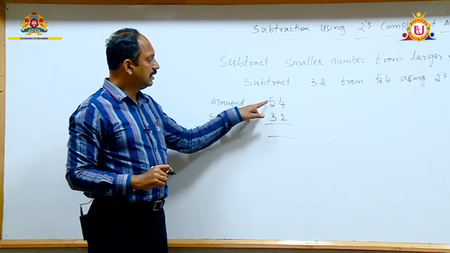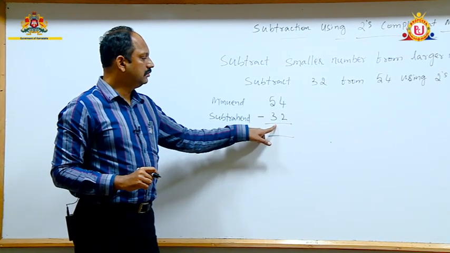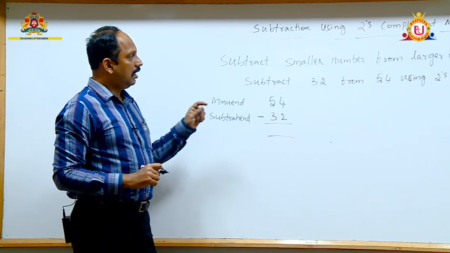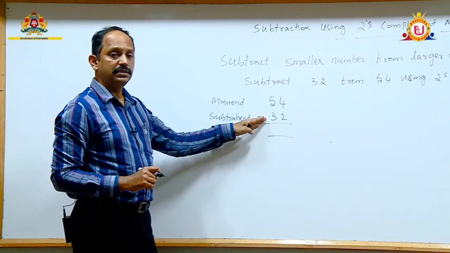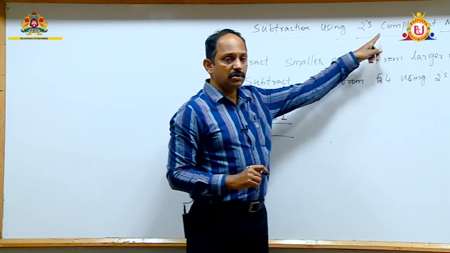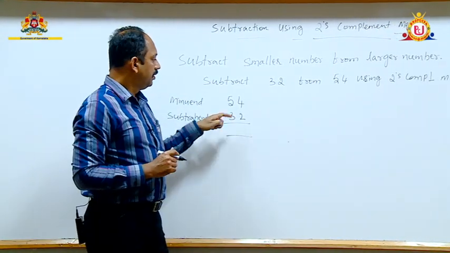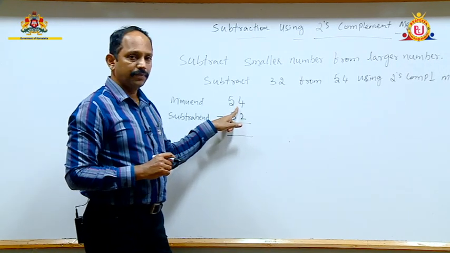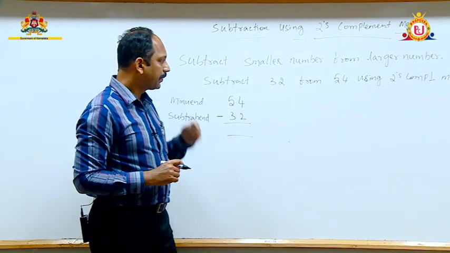You can see that the top value is larger and the bottom value is smaller. Let us see how the difference between 54 and 32 is calculated using the 2's complement method. In the first step, we have to obtain the binary equivalents of 54 and 32 respectively.